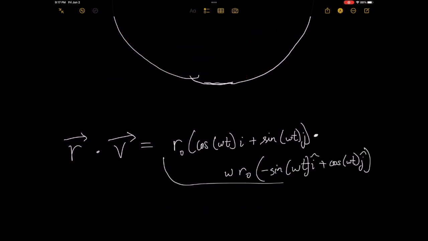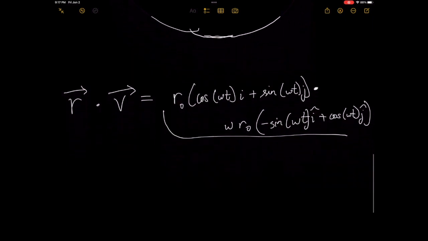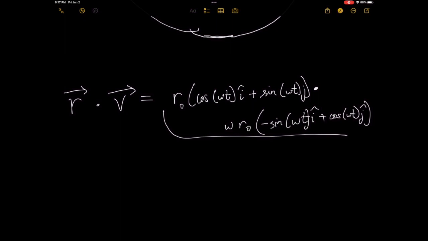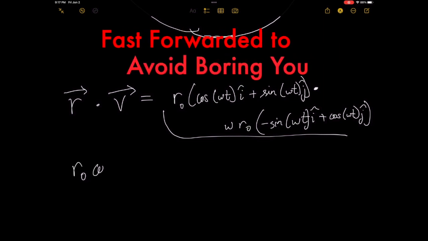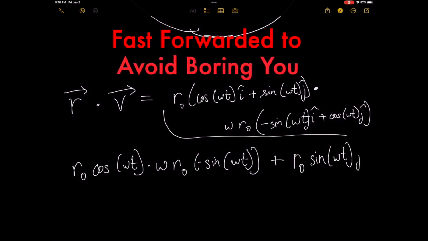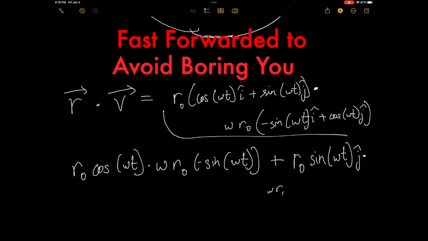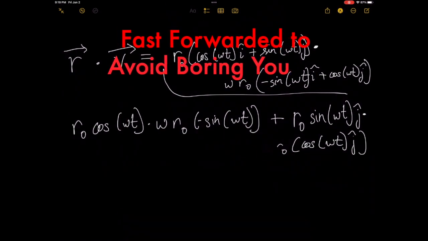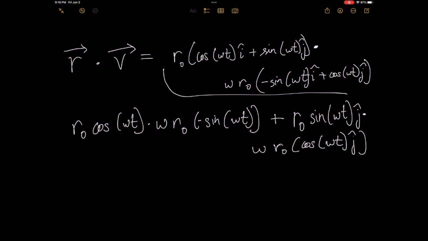So r dot v is equal to this quantity right here, and so let's actually take the dot product. The way you take the dot product of two vectors is you simply multiply the components together. When the i's multiply, it simply equals 1, and when the j's multiply, that also equals 1, since they are unit vectors.